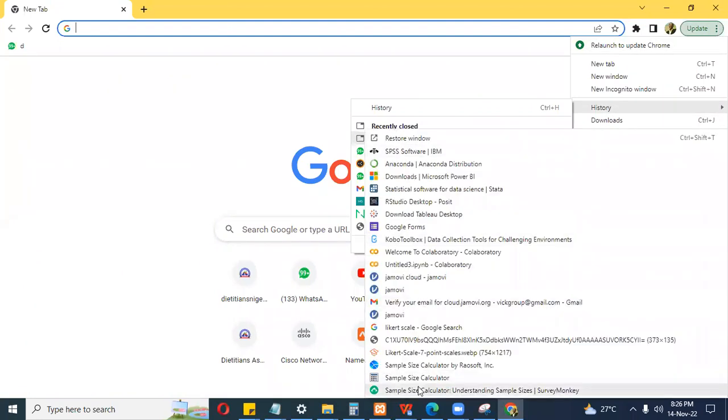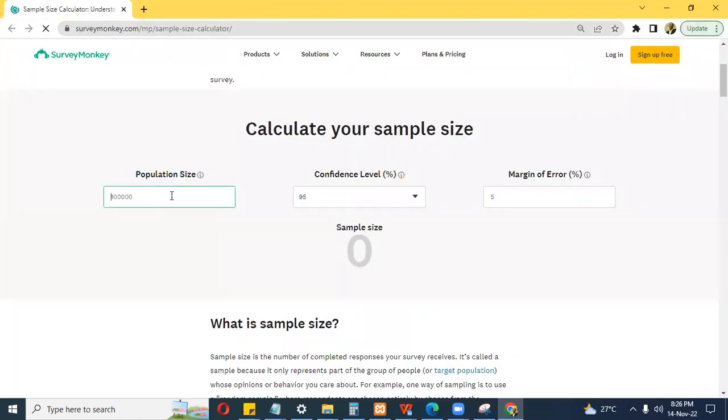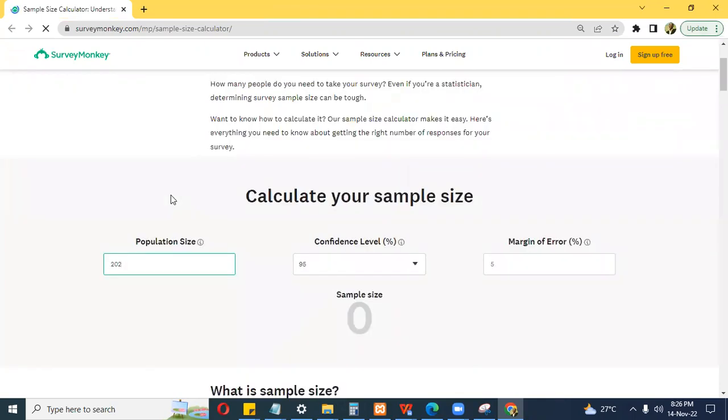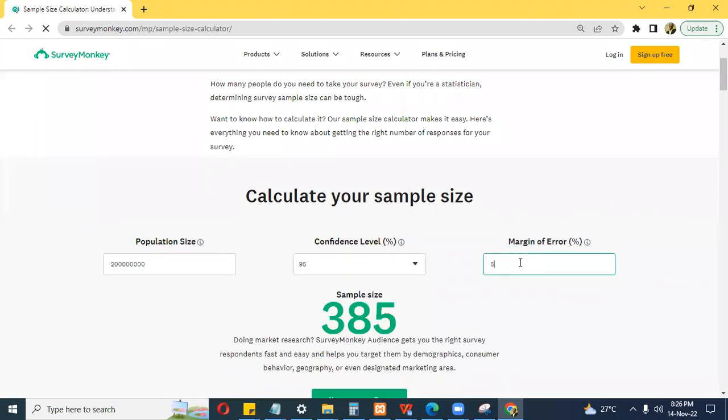SurveyMonkey, yeah. 200,123,123, 95, 5. Okay, good. So you see the same thing, 385.